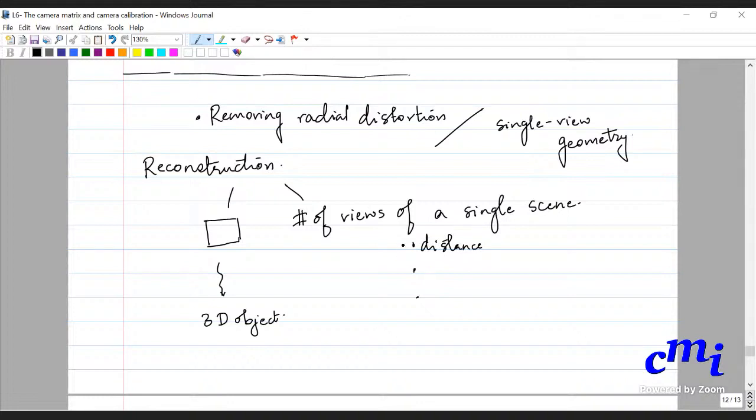In short, this is reconstructing the 3D scene. You may want to measure the distance between objects, or measure speed, which also comes down to measuring distance between objects. So all kinds of metric measurements.